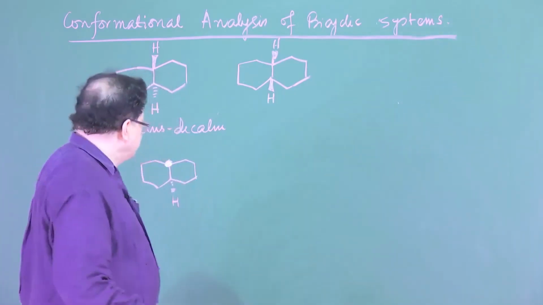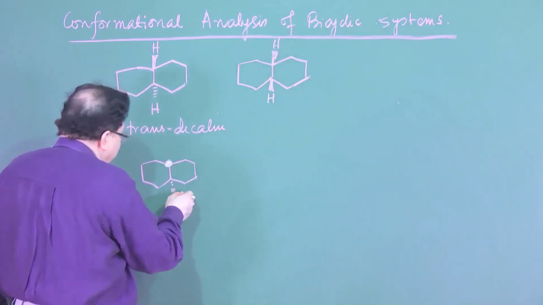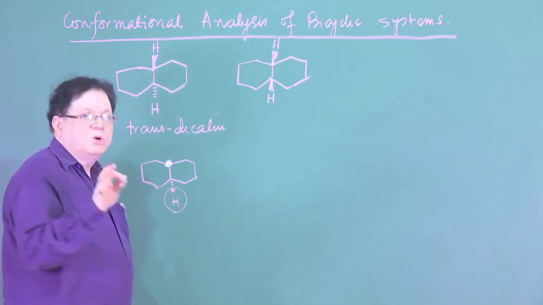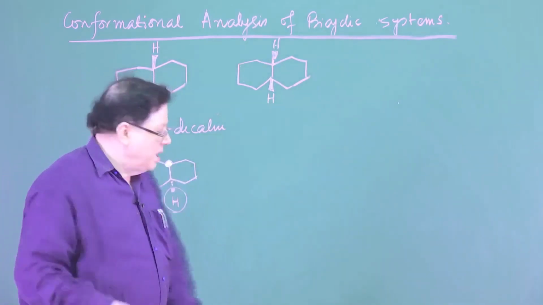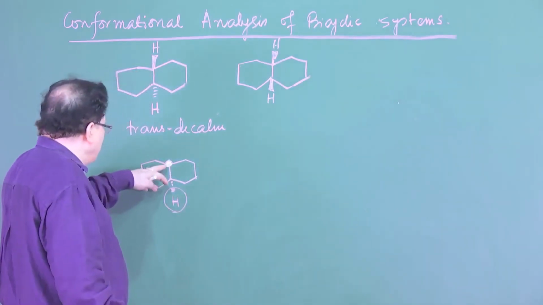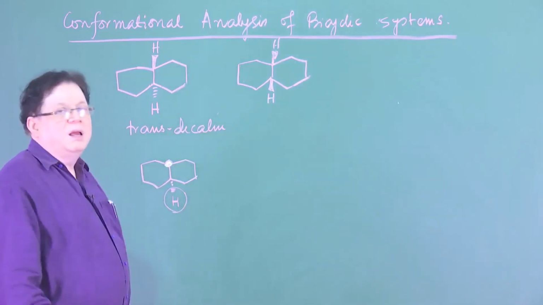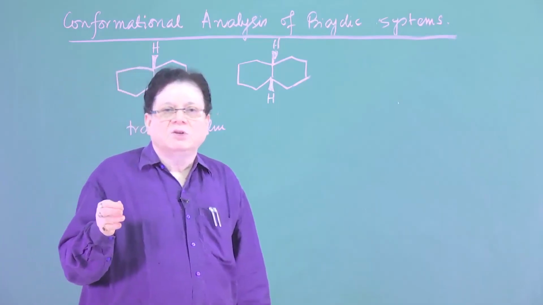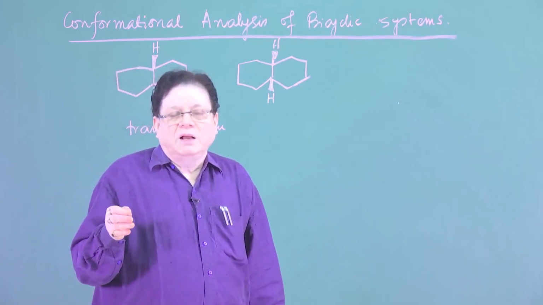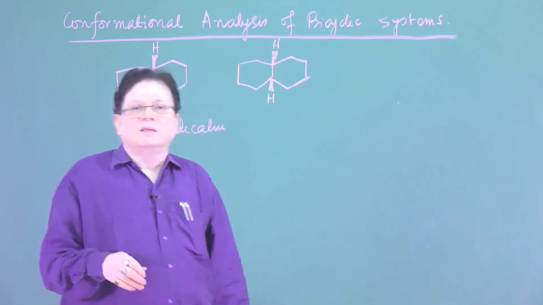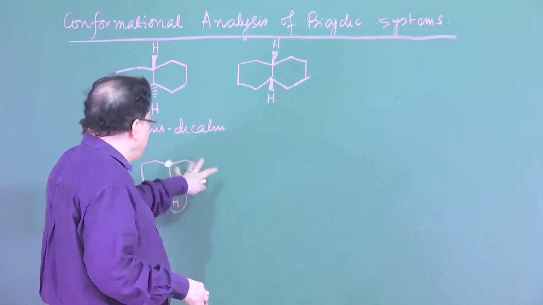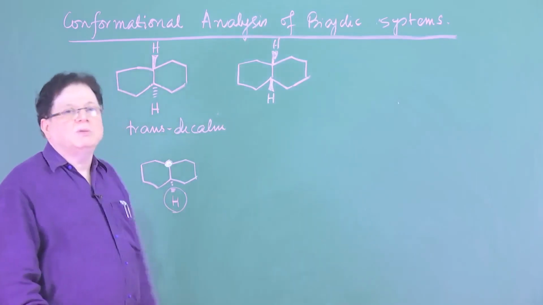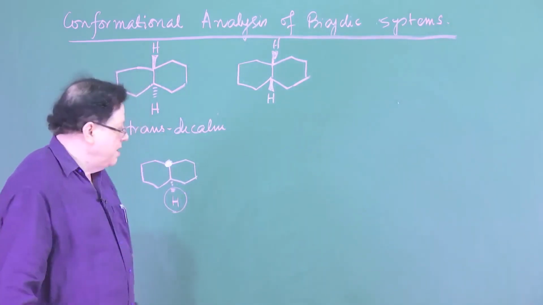Basically, the convention is that we do not show the hydrogens, not even at these saturated carbons and not at the ring junction, because in a polycyclic compound you would have to write the hydrogens all the time, and that takes a lot of time. Rather than doing that, the convention says you do not have to add hydrogen, but you need to point out the stereochemistry of the hydrogen attached at the ring junction.